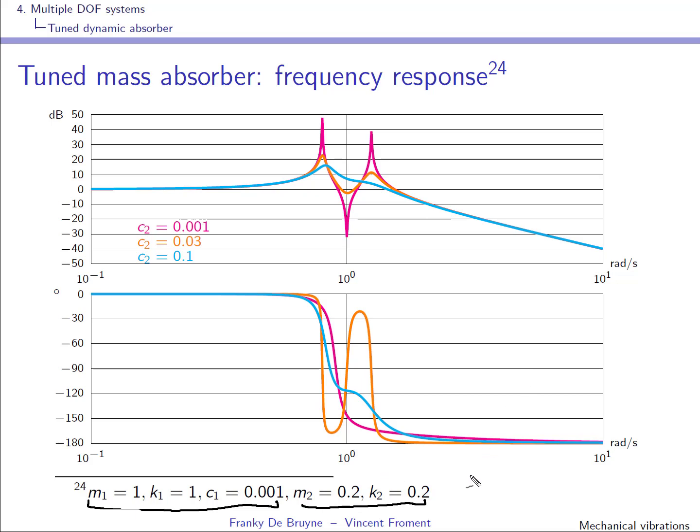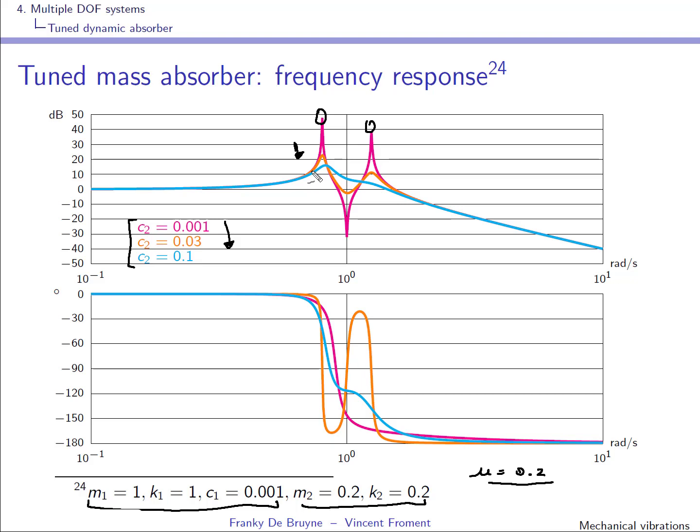So this corresponds to mu equal to 0.2, and I've considered here different situations with the damping coefficient that is increasing, as you can see over here. And indeed what you see is that the 2 natural frequencies that are appearing are damped, so the peaks that you see in the response, they tend to decrease.